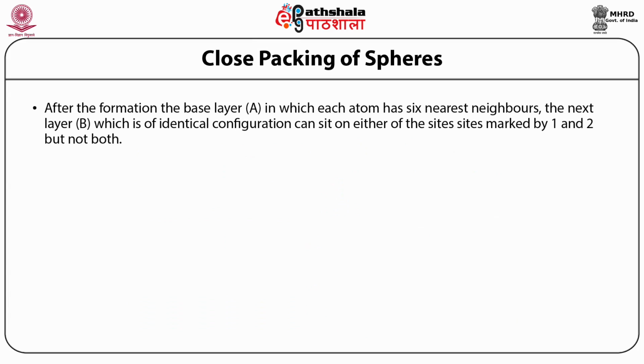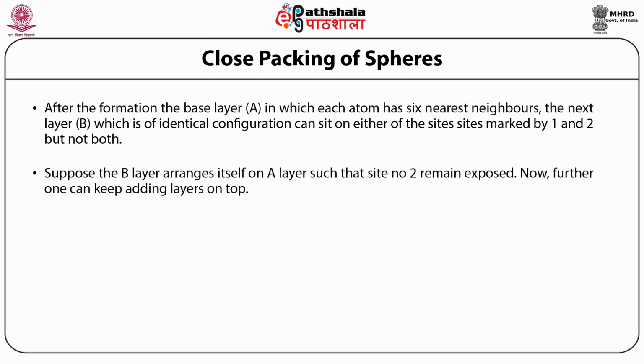After the formation of the base layer, that is A, in which each atom has 6 nearest neighbors, the next layer, that is B, which is of identical configuration, can sit on either of the sites, which are marked by 1 and 2, but not both.